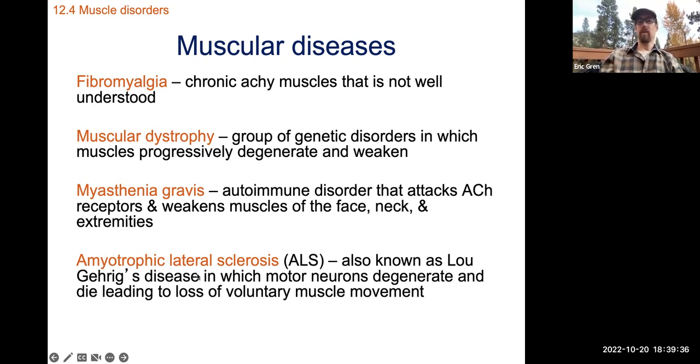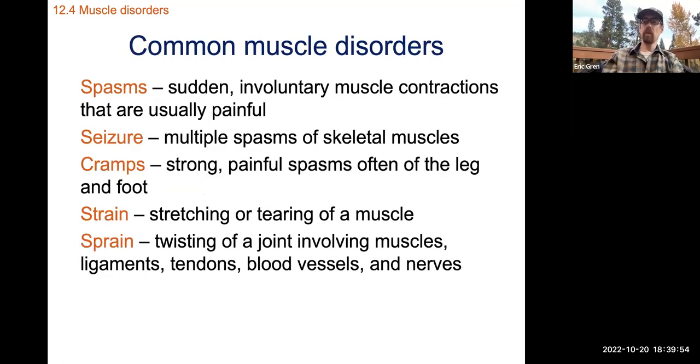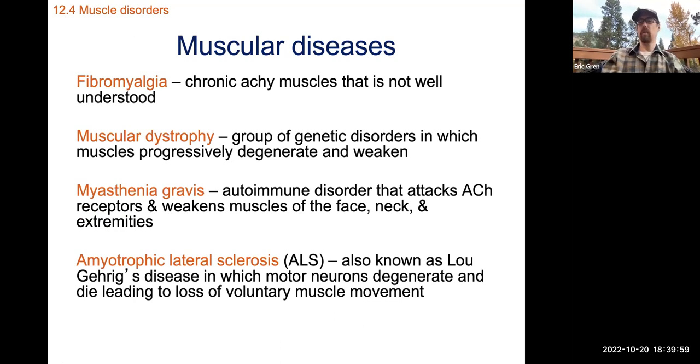Amyotrophic lateral sclerosis. We typically just abbreviate this as ALS, or you might have heard it called Lou Gehrig's disease, right? This is where the motor neurons actually start to break apart and degenerate. As those motor neurons degenerate, you're not able to send the nerve impulses to the muscles like you want.